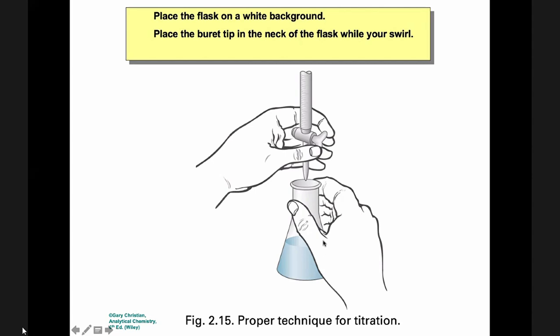So you could put a magnetic bar in the solution in the flask, then place it on the magnetic stirrer, and then you can just do the titration. You no longer have to swirl. Because if you just imagine, if you have like 30 samples and you swirl manually, it's so tiring. 30 samples times 3 trials, that's 90. Unlike if you have a magnetic stirrer, it's much easier.